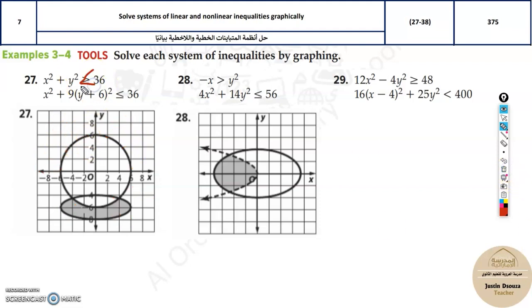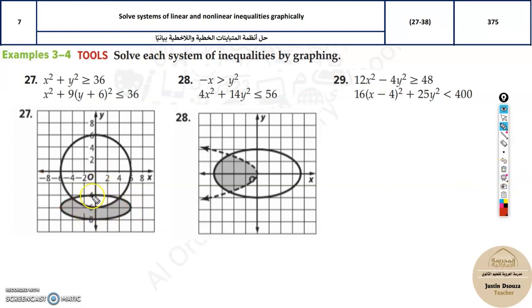Everything would be inside, the shaded region would be inside. Now over here it's greater than. This is a circle, it's going out. Whereas this is less than, that would mean this region inside over here. So from this circle, all the part outside, and in this ellipse, all the part inside would be the shaded region.